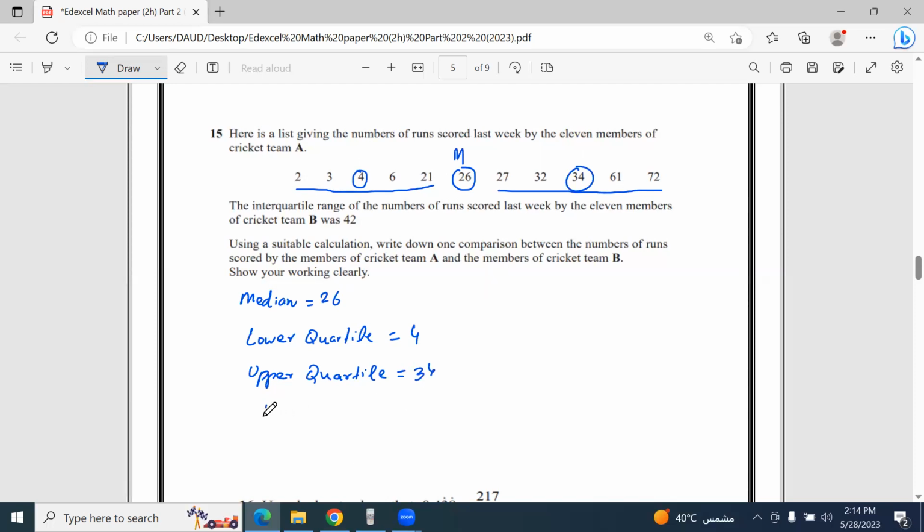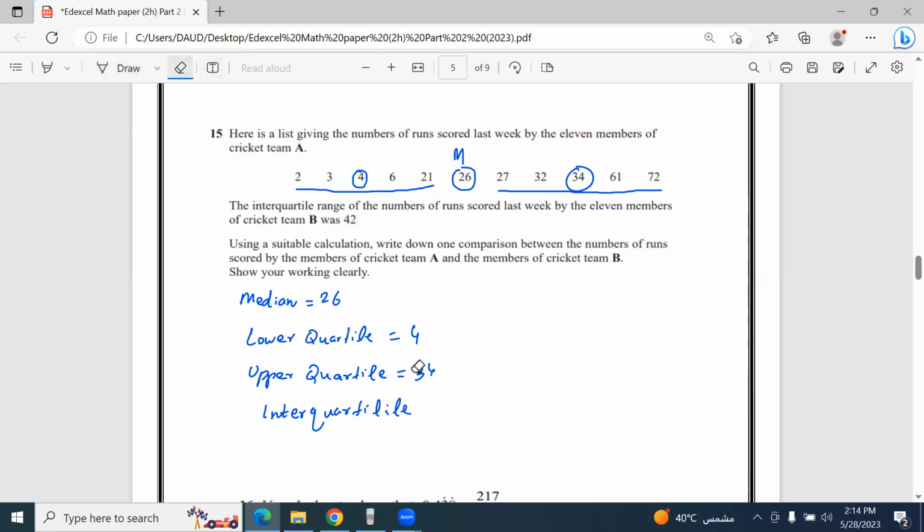The interquartile range is the upper quartile minus the lower quartile, which gives us 34 minus 4 equals 30.